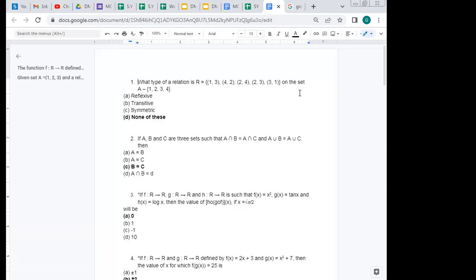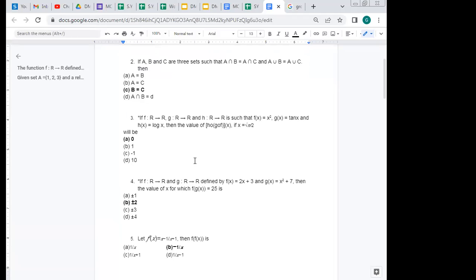Then the third question is: if function f is from R to R, g is also from R to R, and h is also from R to R. R to R means what? Real number set, okay?